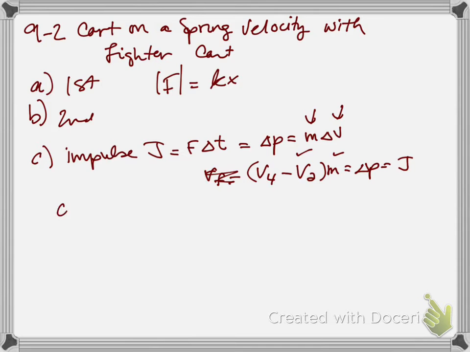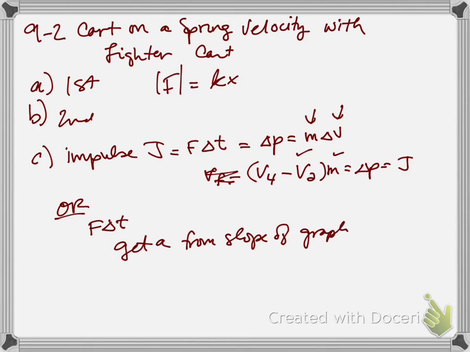Now you could go the F delta T way, and you can do this because you have a velocity versus time graph, which means you could get the acceleration. So you could get the acceleration from the slope of the graph. Now you have to be specific because we wanted the slope of the graph between t equals 4 and t equals 6. But you could do that.